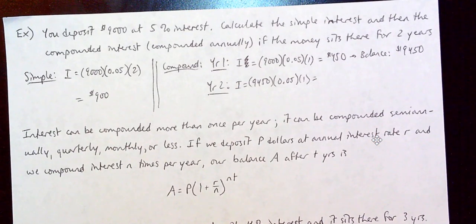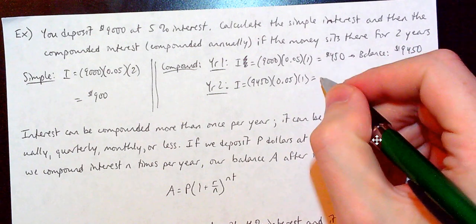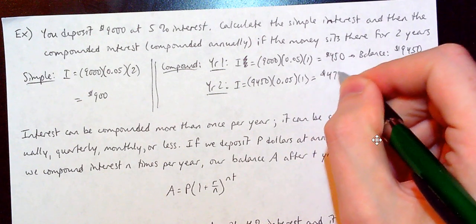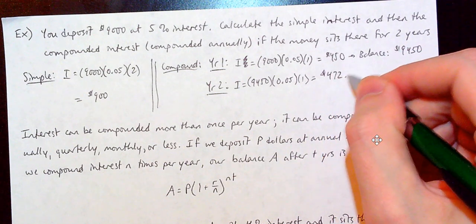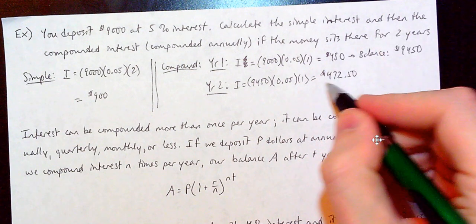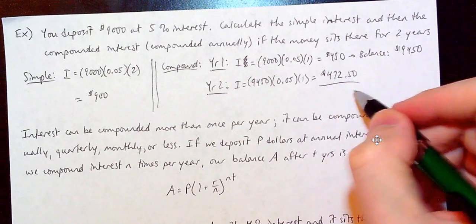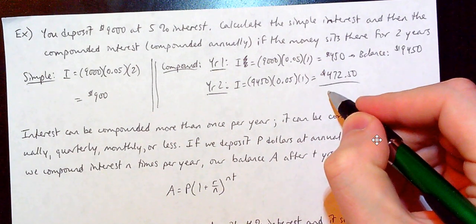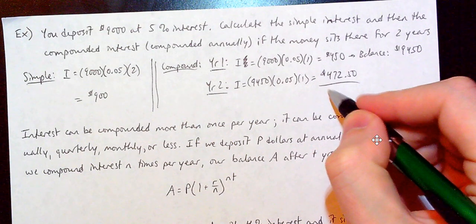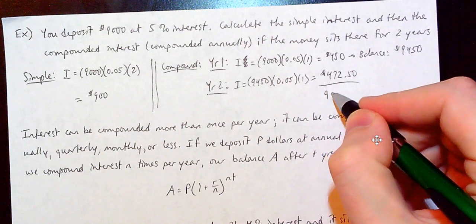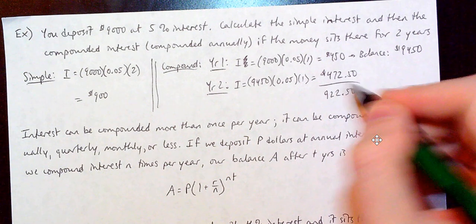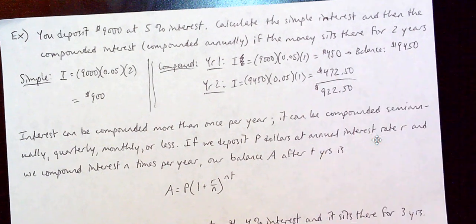And this is a little bit nastier of a calculation. So if you do 9,450 times 0.05 in your calculator, you are going to get $472.50. And if I add this interest up, it's going to be $922.50.